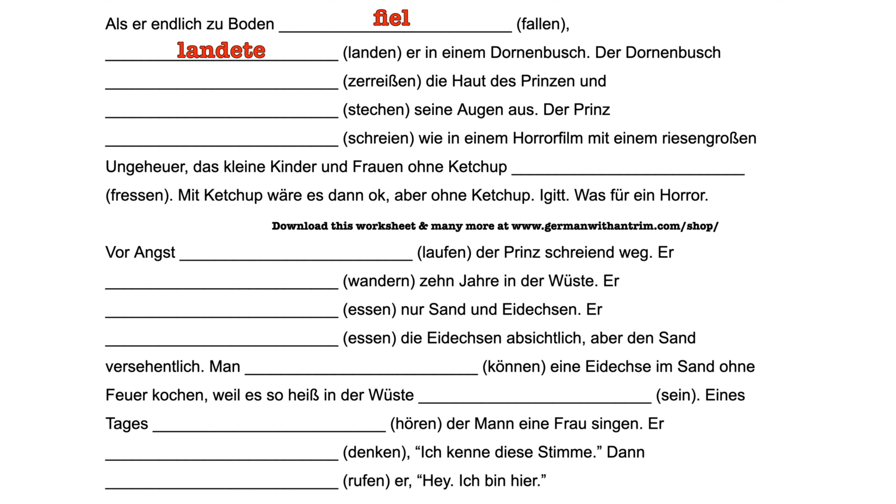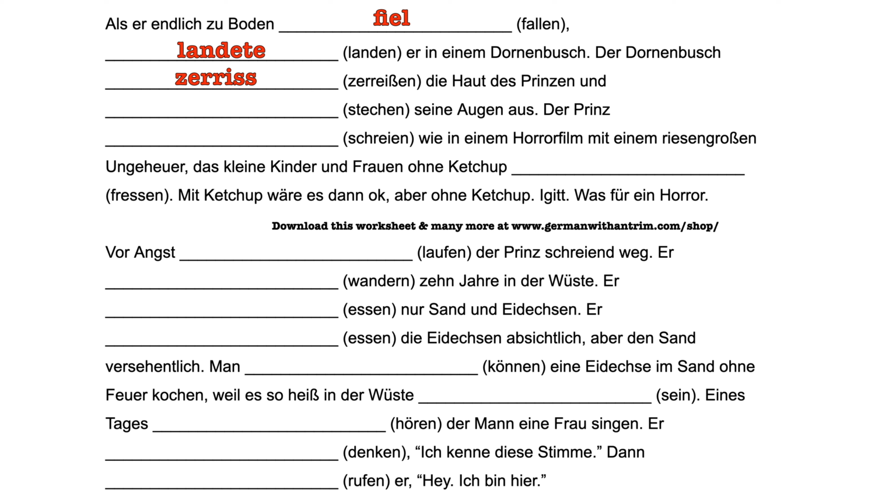Der Dornenbusch, and the verb zerreißen. Zerreißen uses the stem change zerriss as its form, and this is the er/sie/es form again because even though it's a Dornenbusch, it's still a singular noun, so zerriss. No ending on that. Der Dornenbusch zerriss die Haut des Prinzen und, in a form of stechen.